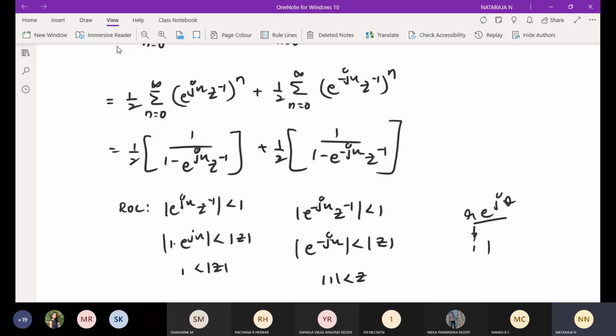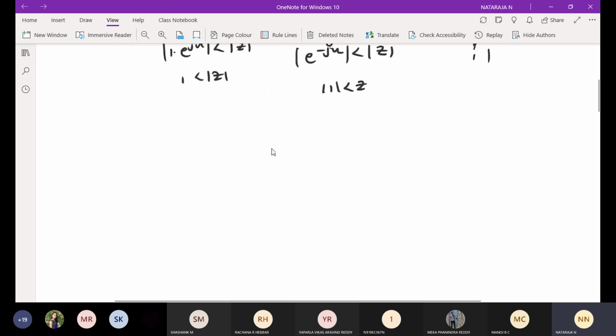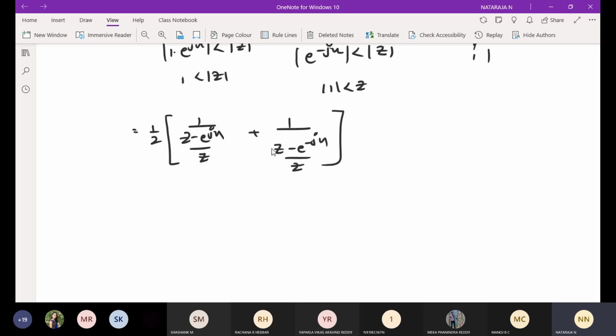Next, if I continue with the solution for the above equation and simplify, it will be 1 over 2 into 1 by z minus e power j omega by z, plus 1 over z minus e power minus j omega divided by z. Simplifying this, 1 by 2 into z by z minus e power j omega plus z by z minus e power minus j omega.